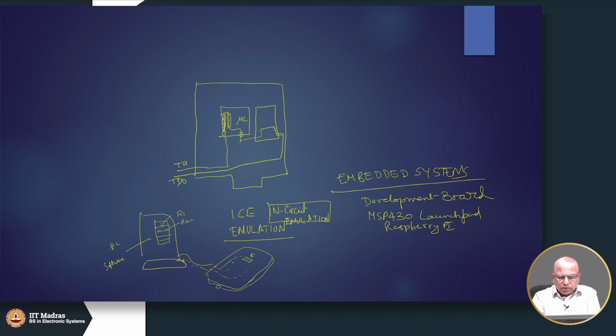He can fully observe R2 and he can fully control R1, etc. So the JTAG can also be used for debugging. In fact, that has become a very important application of JTAG now. It was originally developed for test purposes.